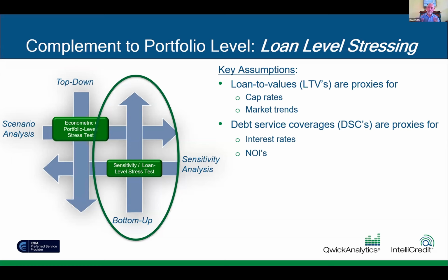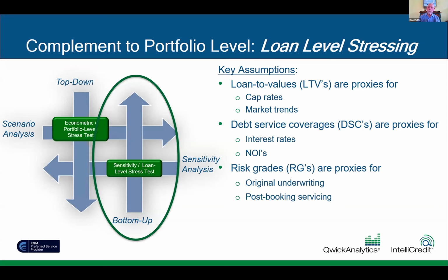Therefore we have opted, very credibly we think, to use the LTVs and the debt service coverages as our primary proxies to cover those. The third leg of the stool, of course, is risk grades, and we like to think risk grades, while maybe not perfect, maybe not exactly accurate, maybe always subject to some trending, are an excellent proxy for both original underwriting and post-booking servicing in a credit portfolio.